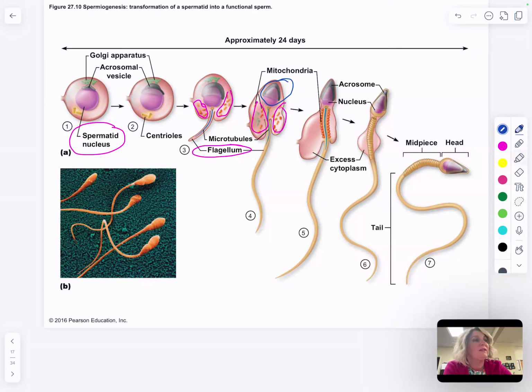But then look at this mitochondria. This is like crazy. Okay, here's your mitochondria. Look how it now forms along the side, just below the head, up at the top part of the tail. And that will then become this structure right here. Why do you think that the mitochondria is doing that?